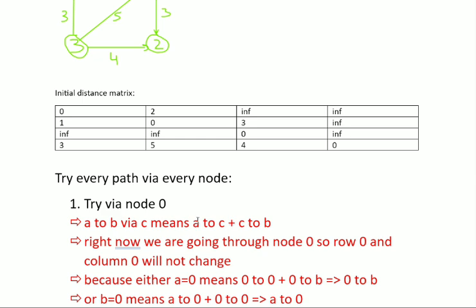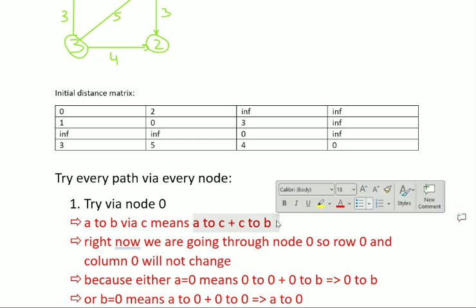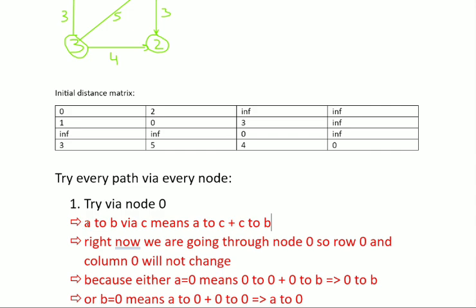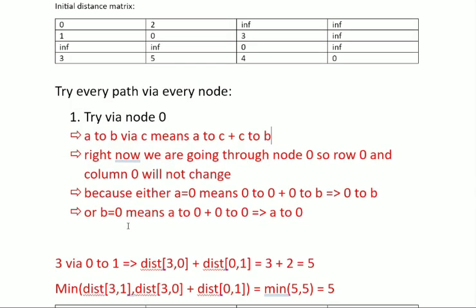First I'll go from A to C, and then C to B, and then I'll add the total cost, and then check whether the cost that I get now is minimum or the direct cost is minimum, right?